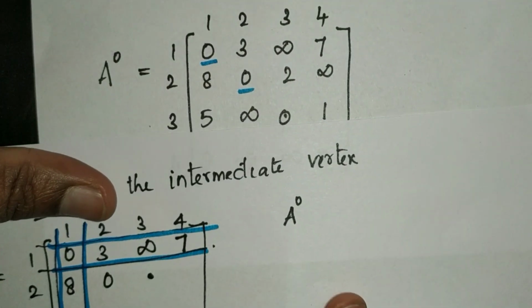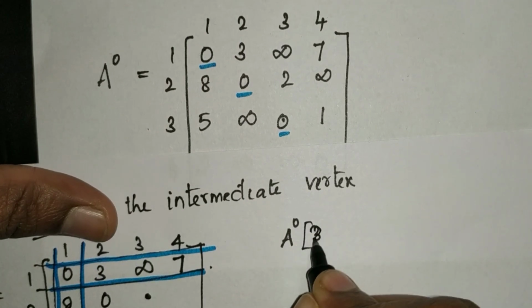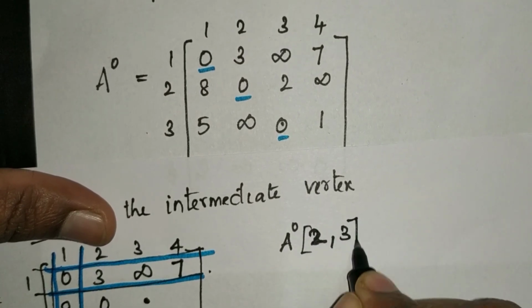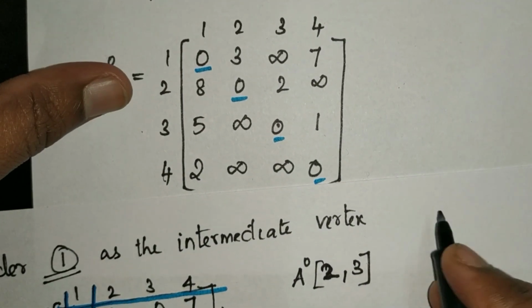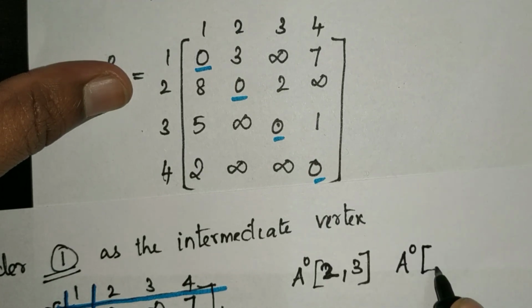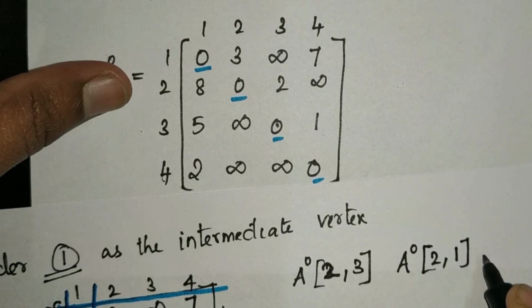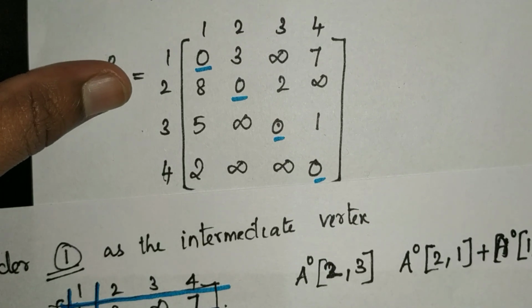Since we have taken 1 as the intermediate vertex, it may go through 2, 1 and then 1, 3.